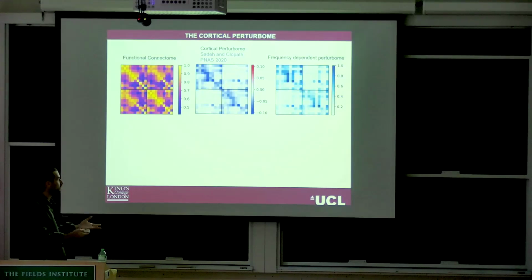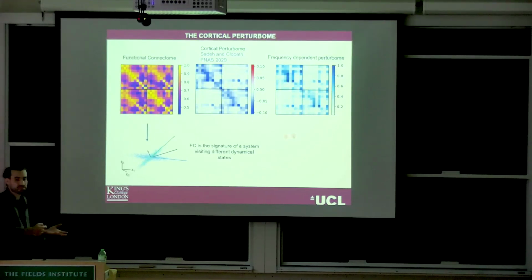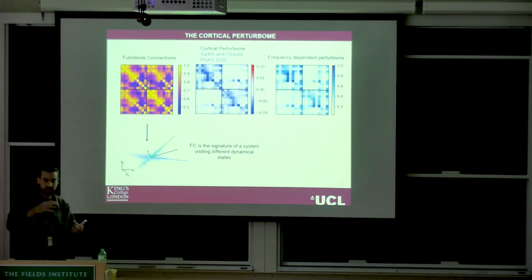So to conclude, we know that correlation is not causation, so does it mean that we have to throw functional connectivity away in the bin? My personal understanding is no, because functional connectivity is still the signature of a dynamical system evolving in time and visiting different dynamical states, so exploring a high dimensional geometry in time.